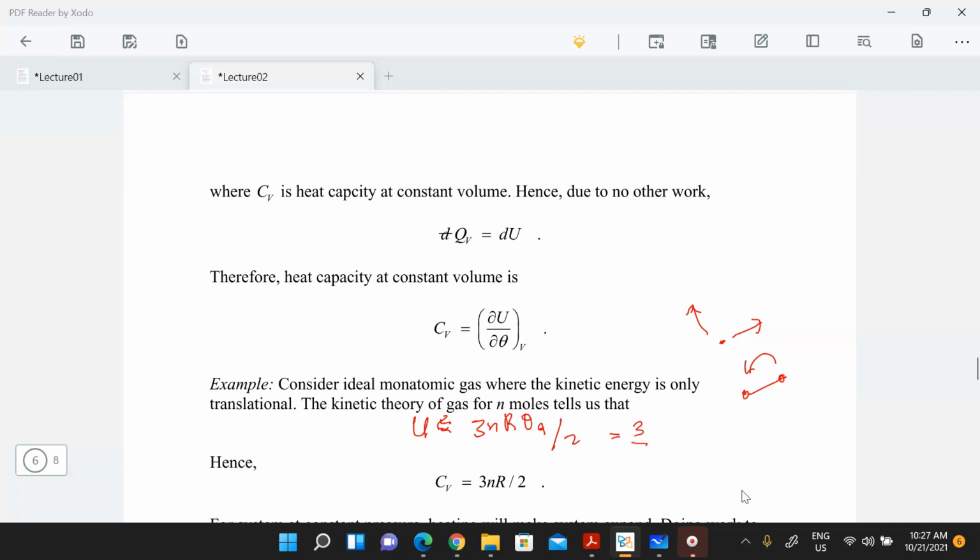Usually it's written in terms of 3 over 2 and R theta. Okay, so the 3 here corresponds to the 3 degrees of freedom of the translation. So if there are more degrees of freedom, like the rotation, then this could be more than 3. So once you have the expression for U, then you can calculate the specific heat capacity at constant volume, which equals 3NR divided by 2. You just differentiate with respect to theta.